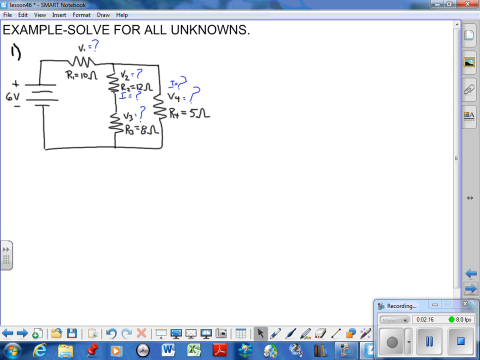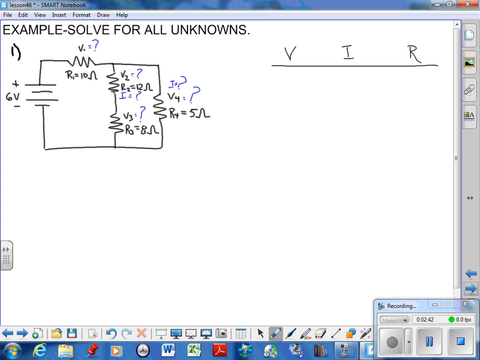Everything's kind of filled in there for me, and that's generally how the circuits go. Now, I am an organized guy. I like to have everything in a chart. The chart really helps out. You're going to have some people that don't need the chart, and that's fine. But I think the chart is a nice organized way to figure out all your missing values. So I'm just going to start my chart. V, I, and R will be my headings.